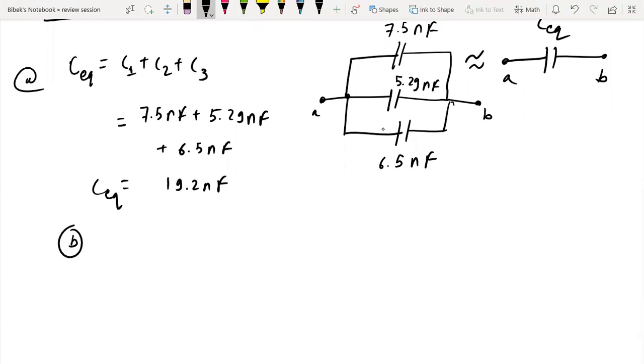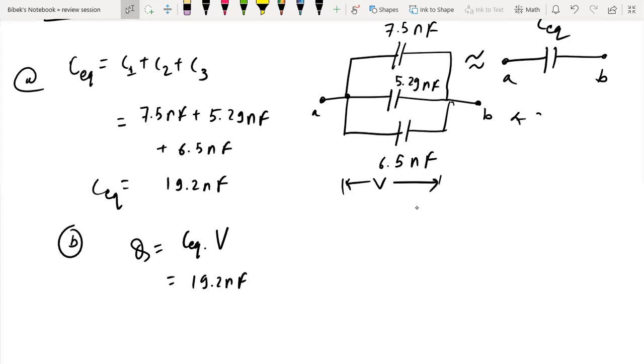Let's go for the second one. You need to find the charge. The total charge stored will be C equivalent times V. V is the voltage across these capacitors, which is the same because they are in parallel. Your C equivalent is 19.2 nanofarad, and the voltage across points A and B is given to be 25 volts.